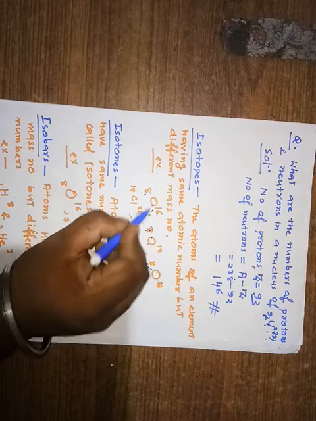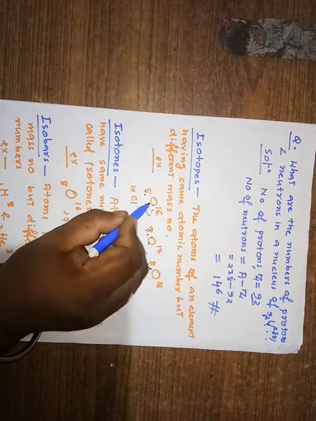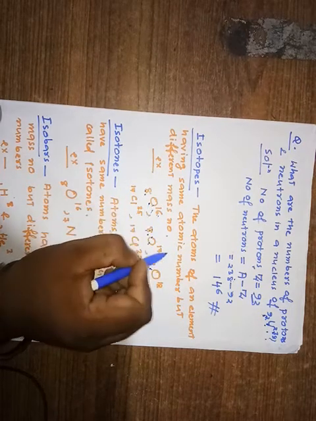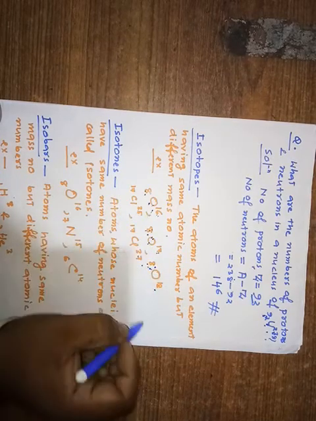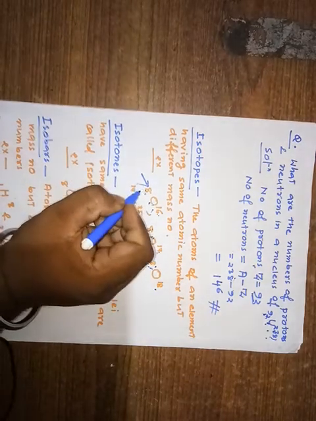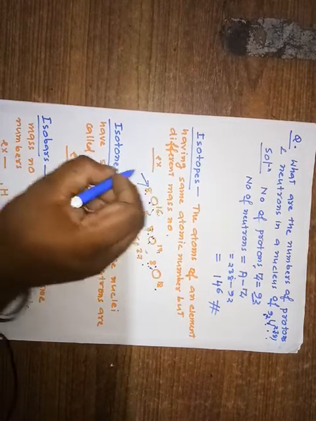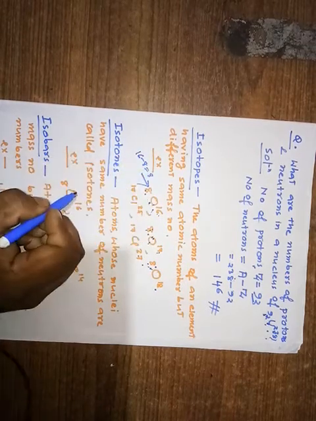It means each of them has the same number of protons, but since their mass number is different, they have a different number of neutrons. For oxygen 8-16, the number of neutrons will be 16 minus 8, which is 8, right?